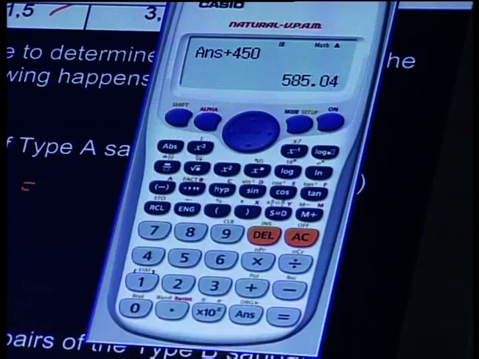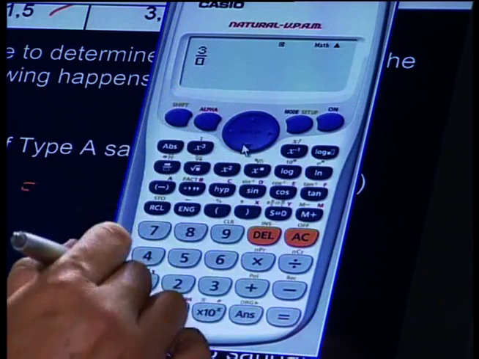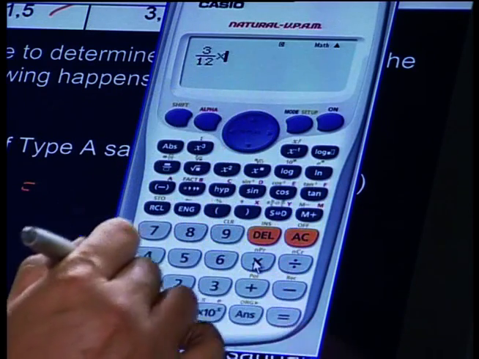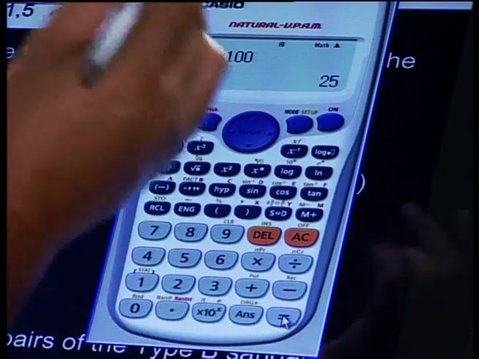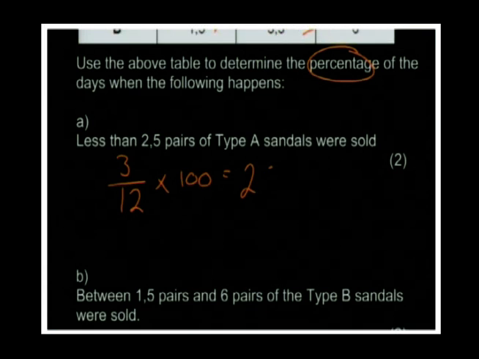So I've got 3 over 12, and as a percentage we get 25%. So I'm going to land up with 25% of type A sandals, okay? 25% of the sandals that were sold were less than 2.5.